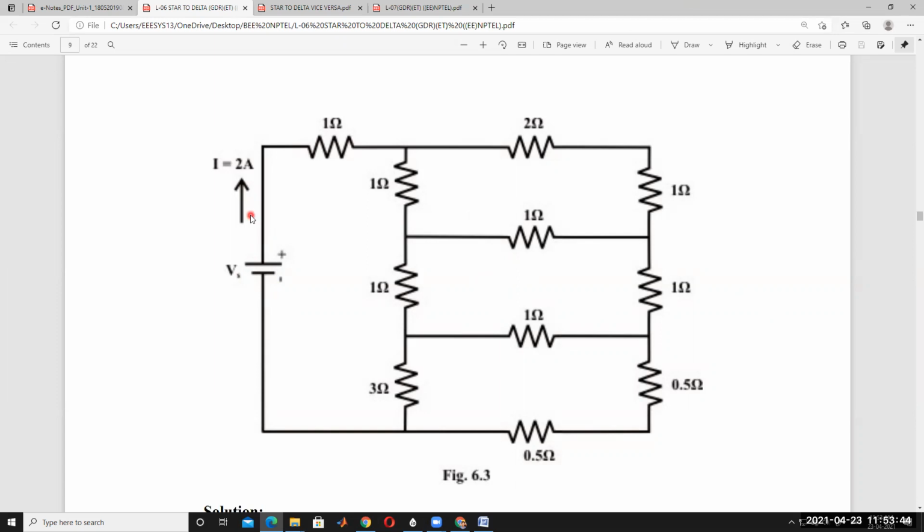Here the current is known. So find the resistance here. Okay. Find the total resistance by applying star to delta and delta to star transformation technique.